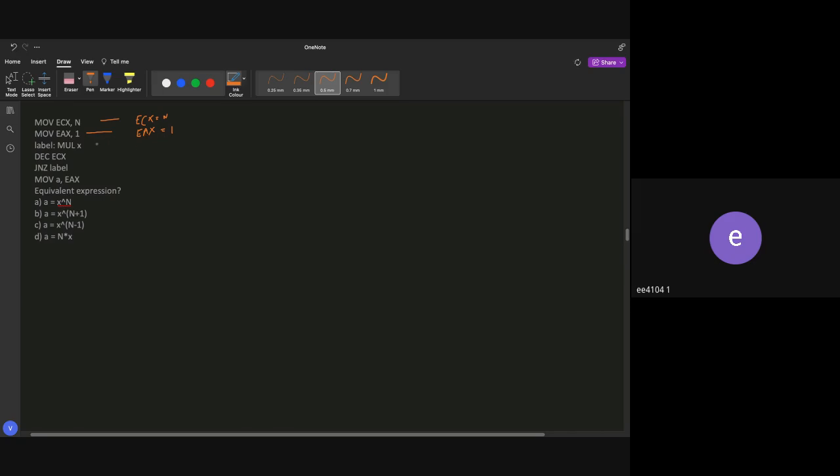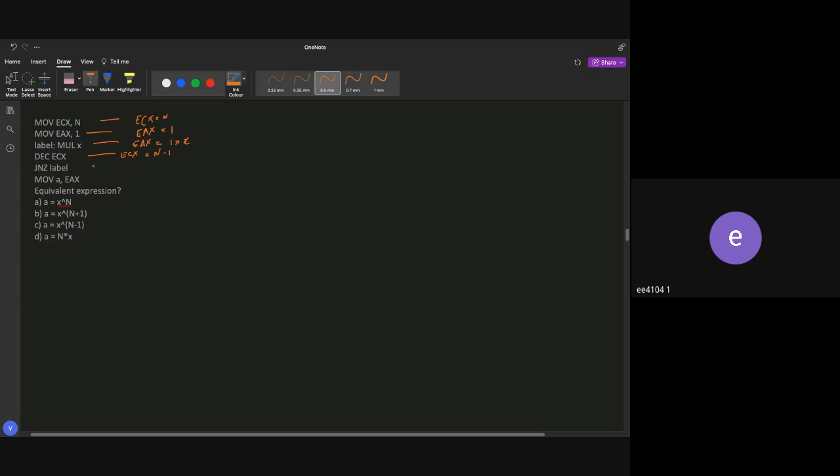So here EAX will equal 1 into x. Now we are decrementing this ECX, so ECX will equal n minus 1. Now it will jump on non-zero.